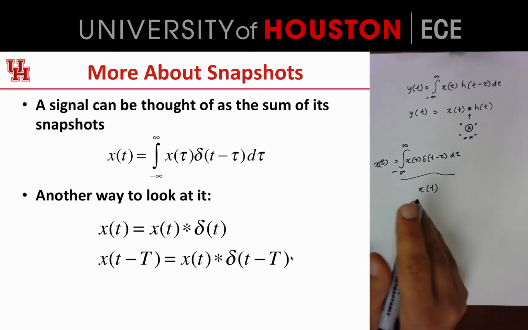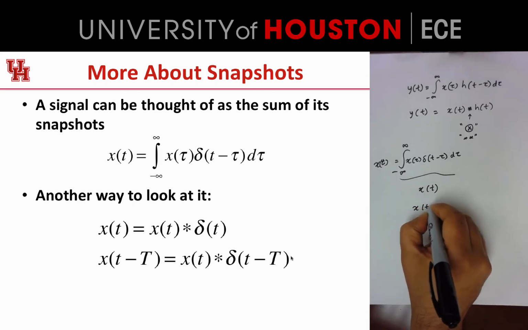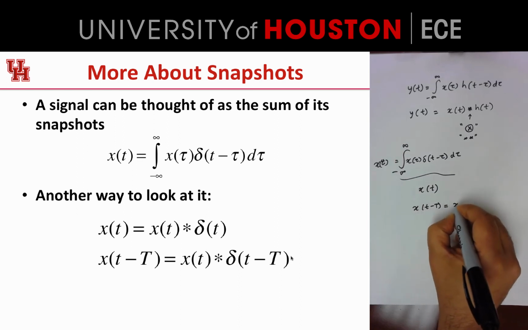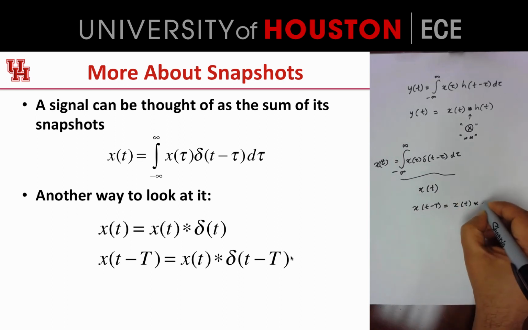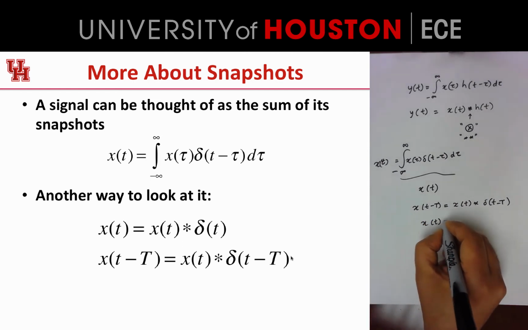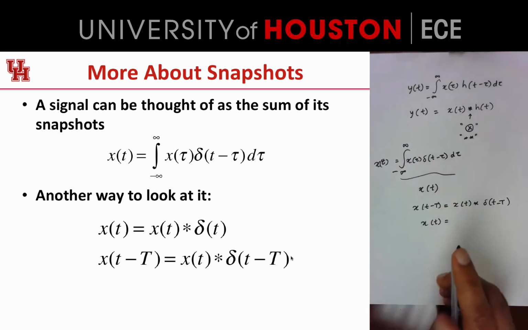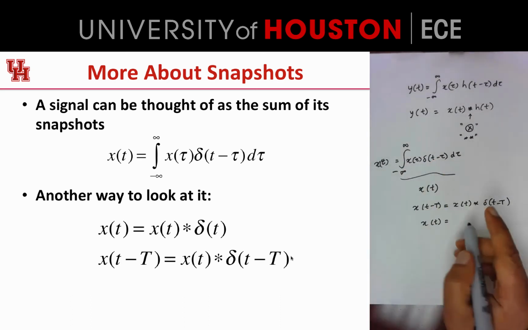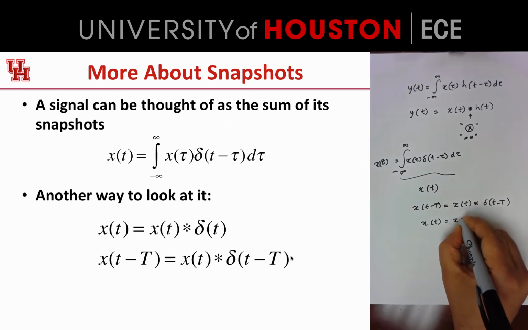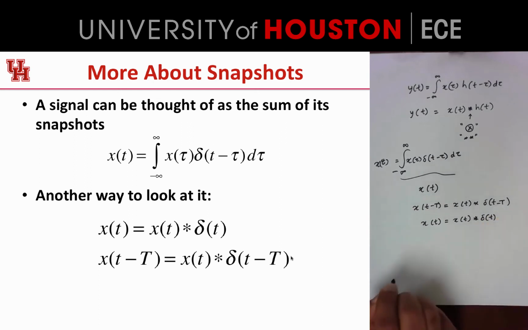Now if I scooch the delta function a little bit by capital T, then you get x of t minus T, which is x of t convolved with delta of t minus capital T. Another cool thing is that if I write this same formula down a little bit differently, it's basically x of t convolved with the impulse, delta of t.